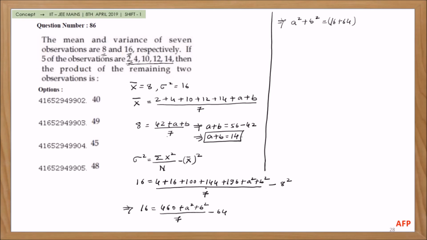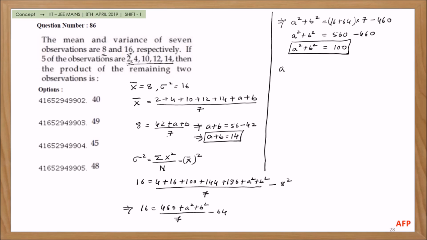If you cross multiply by 7 and send 460 to the other side, minus 460, therefore A square plus B square is equal to 80 into 7, which is 560, minus 460. A square plus B square is equal to 100, you got. So this is one more equation in terms of A square and B square.